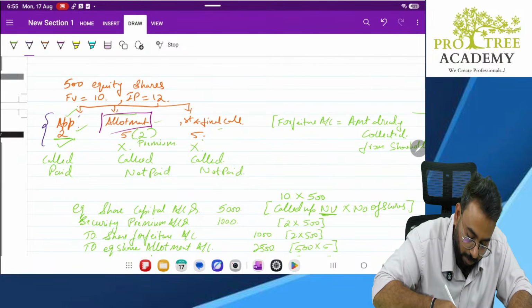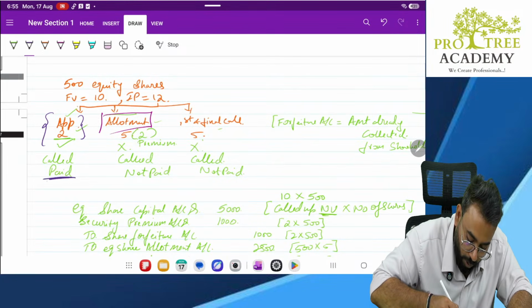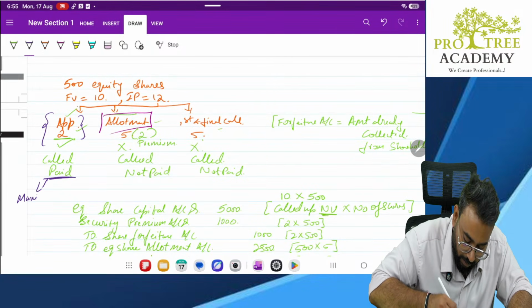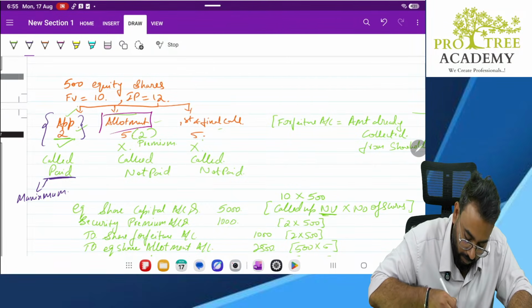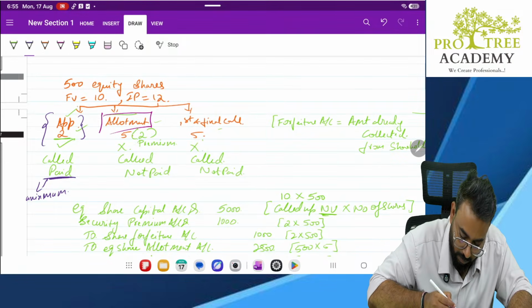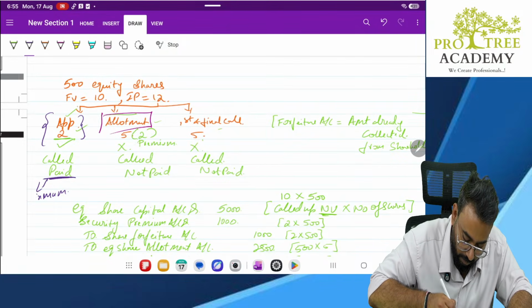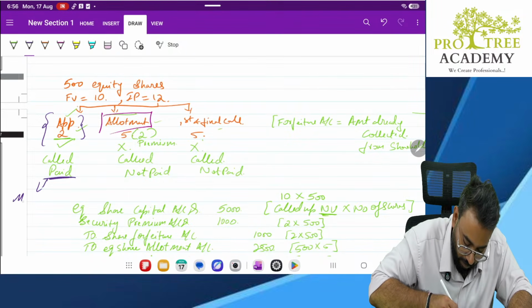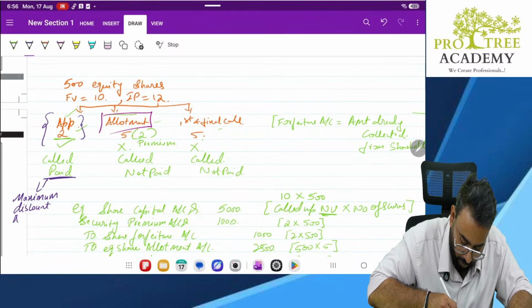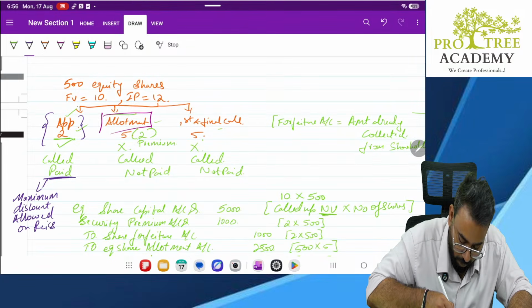The paid amount is the maximum discount allowed on reissue.